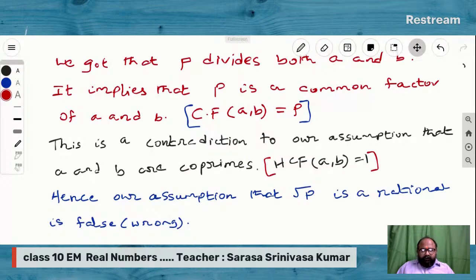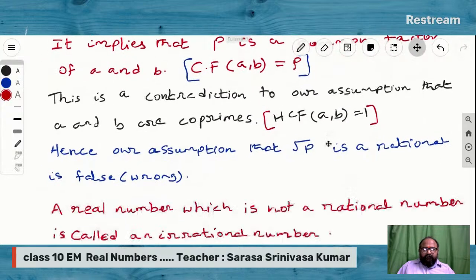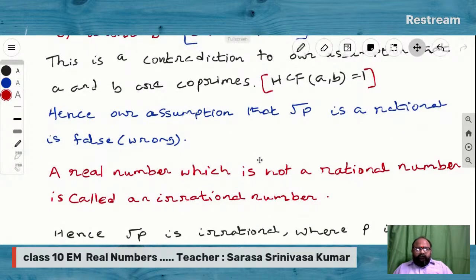In the starting, we assumed that a and b are co-primes, that is, the highest common factor of a and b equal to 1. We got this contradictory statement because of our wrong assumption. That is, our assumption that the square root of p is rational is false. If it is not rational, then it must be an irrational number.